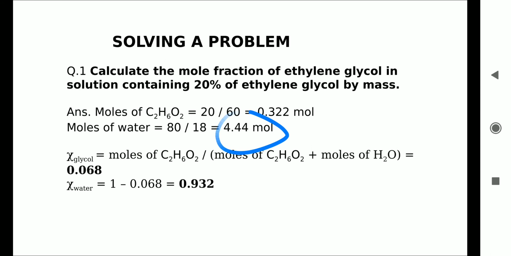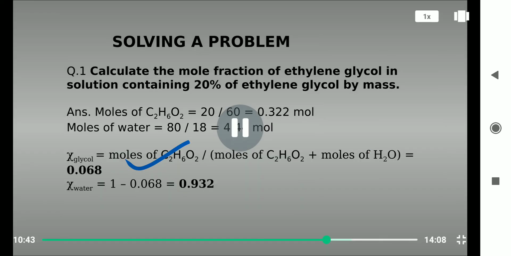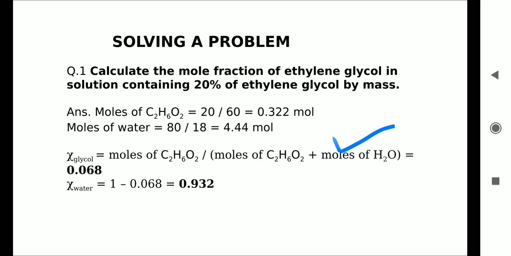Now it's very simple. We can calculate the mole fraction of ethylene glycol. It is equal to moles of ethylene glycol upon moles of ethylene glycol plus moles of water. Now we know both the moles of ethylene glycol as well as of water. We'll put these in the formula and we'll get the mole fraction of ethylene glycol as 0.068.